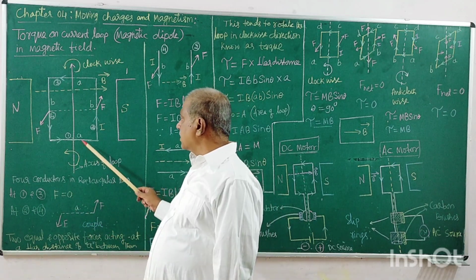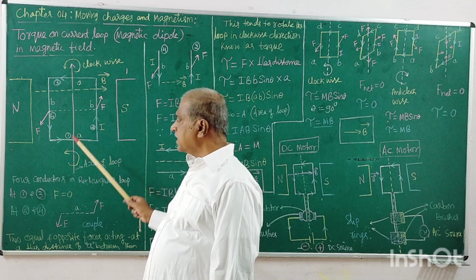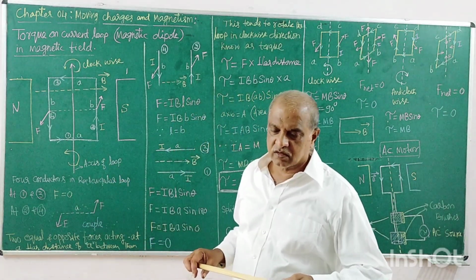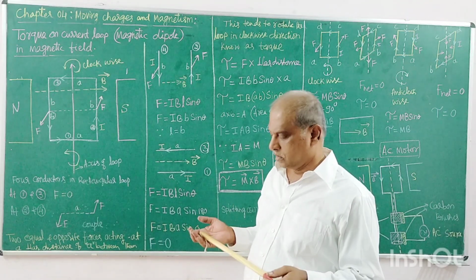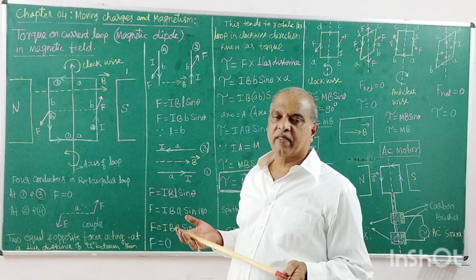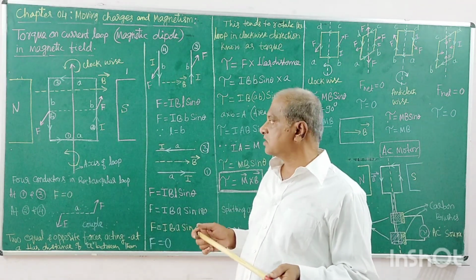Whenever a conductor in a straight line is placed in the external magnetic field, it produces a Lorentz magnetic force.